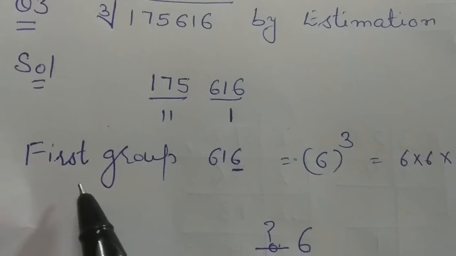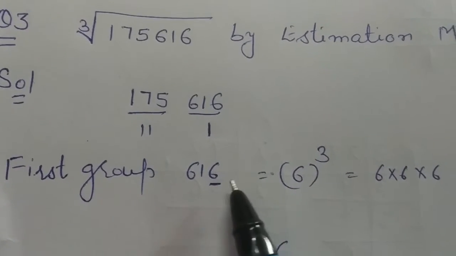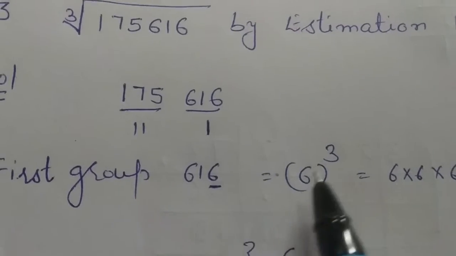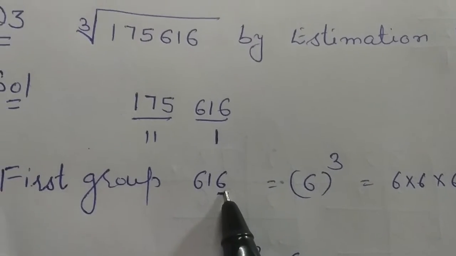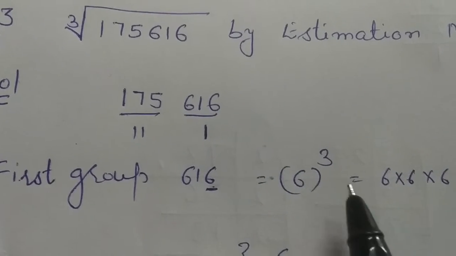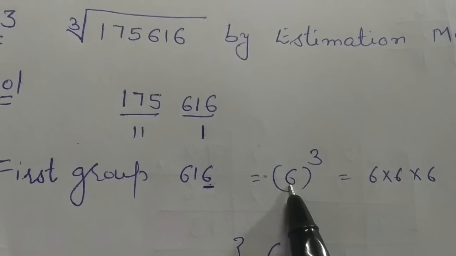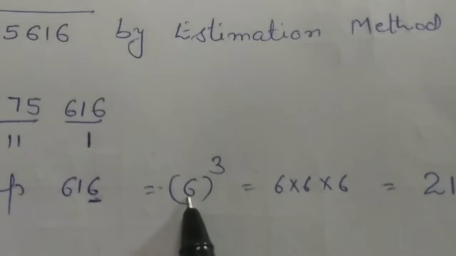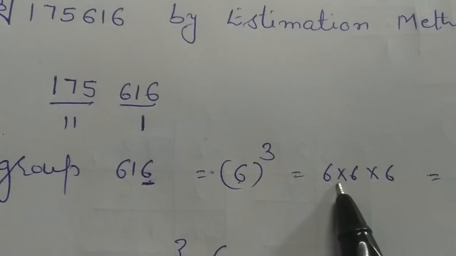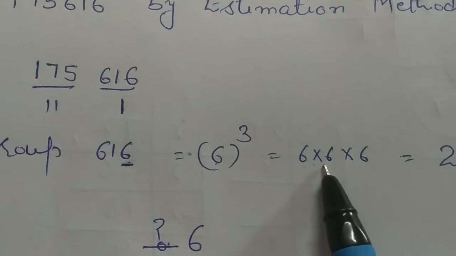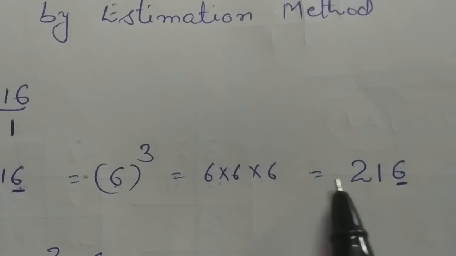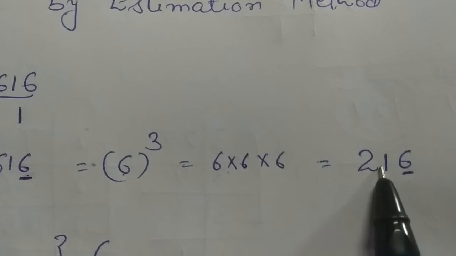Now first of all, we will take the first group, 616. Take the unit place number, here only this unit place number 6. Find the cube of 6. It means you will multiply 6 3 times. 6 multiply 6 multiply 6, and you will get 216.